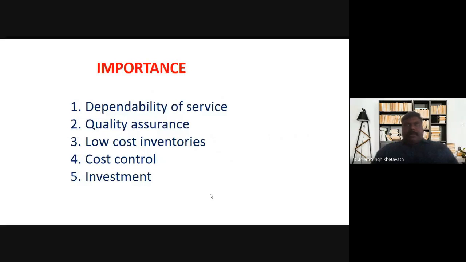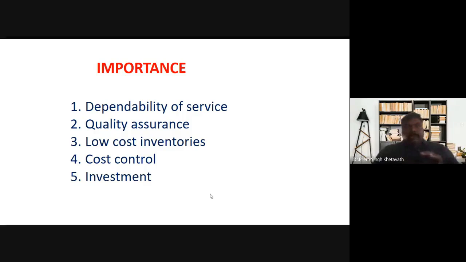What is the importance of maintenance? Dependability of service, quality assurance, low cost inventories, cost controls, and investment. Low cost inventories means we need to have some spare parts which are low in cost, and again we need to reduce the cost in case of any replacement.